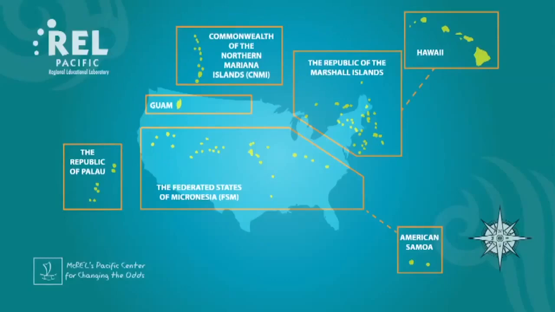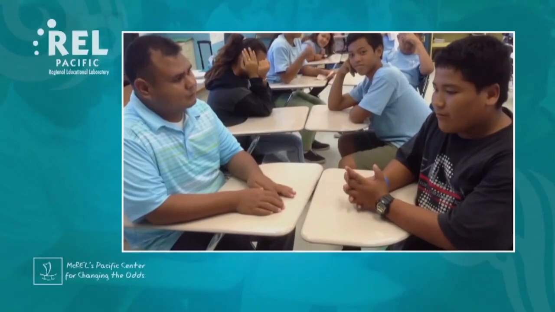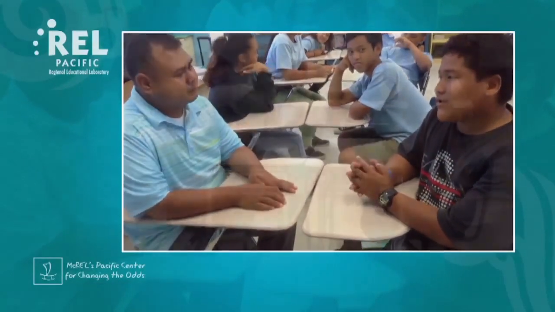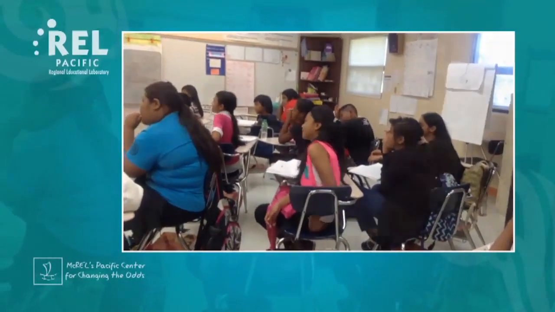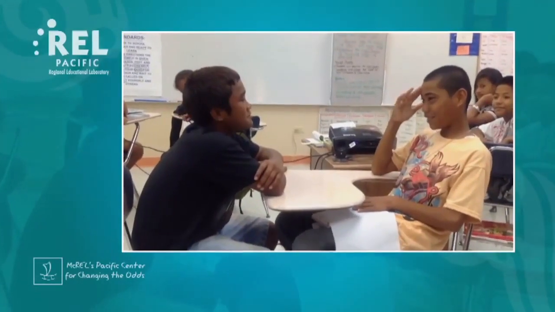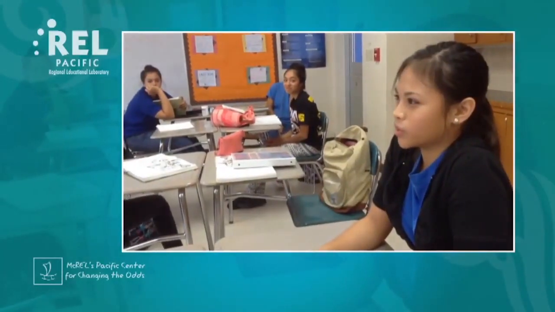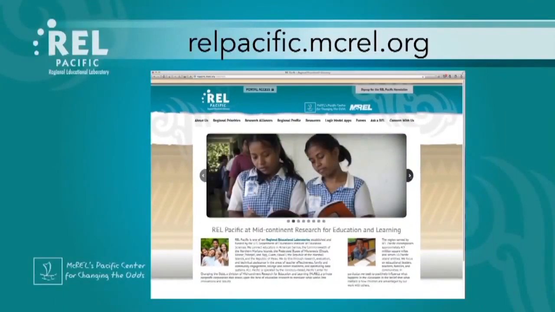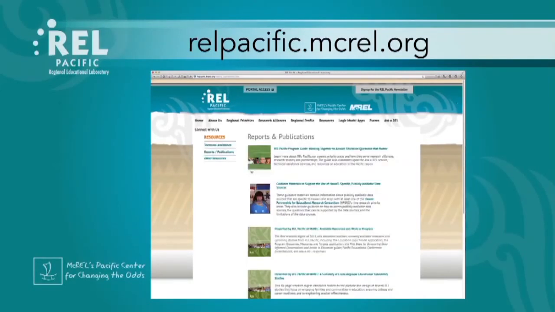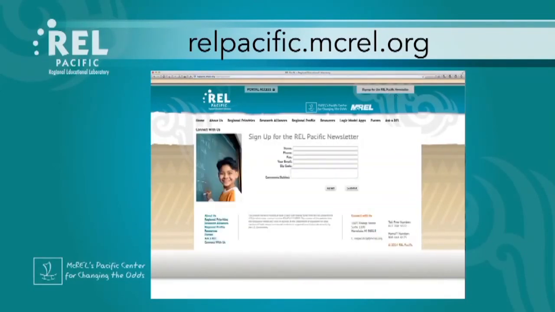Although all 7 of the major entities served by REL Pacific use English as the language of instruction, 5 of those 7 also instruct in an indigenous language, such as Chamorro, Marshallese, Palauan, Chuukese, Yapese, Pohnpeian, Kosraean, Samoan, or Hawaiian. For more information on REL Pacific, please visit our website, relpacific.mcrel.org, and sign up for our newsletter for updates on projects, events, and news.